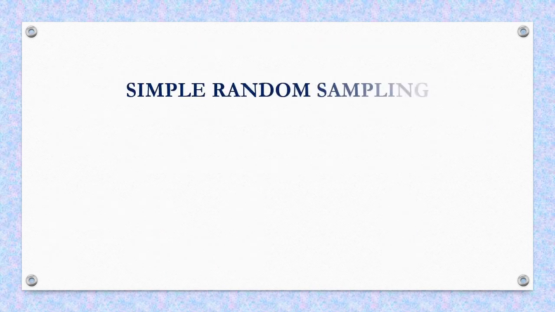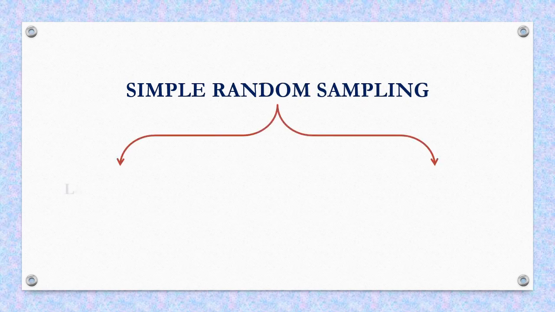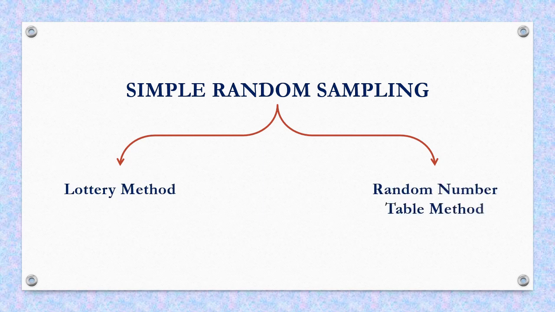Now, simple random sampling can be undertaken in two ways. The first way is using the lottery method, and the second way is using the random number table method. Now, the lottery method, I think you must have heard about this method.